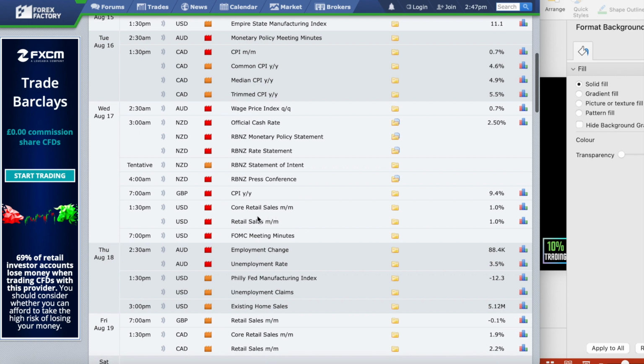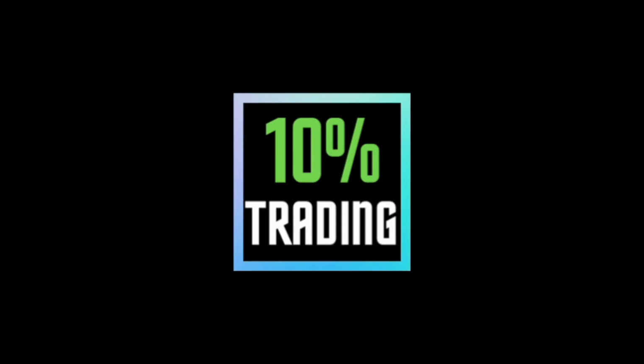Since there is red folder news on Thursday, is it logical to assume that Thursday can make the high of the week for the DXY? I'd say it is. I'd say it's fairly logical. It's possible that Friday could do it. There are some orange folders, but I would probably bet on Thursday doing it with all this red folder news, and price will be able to push up.